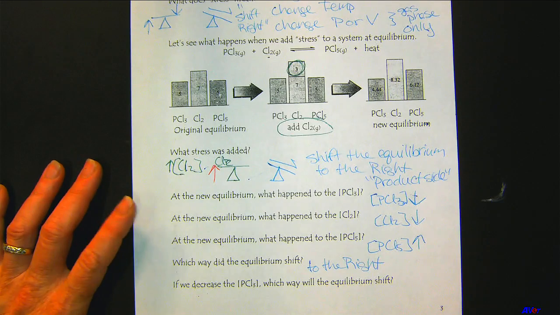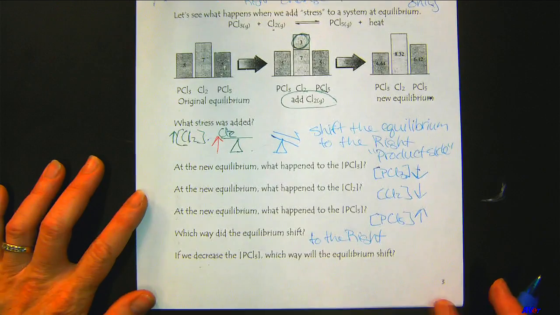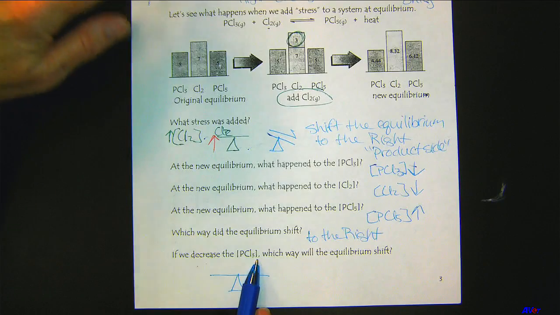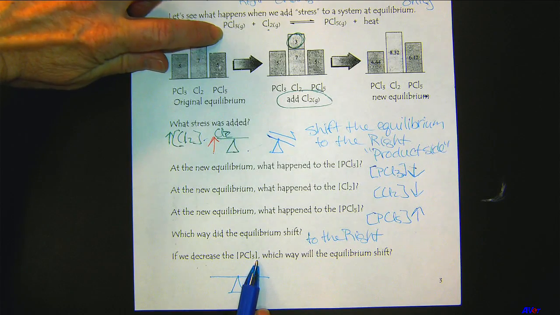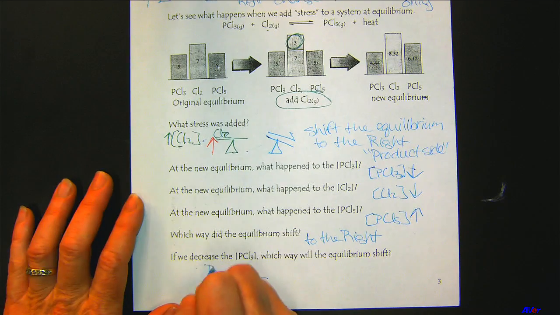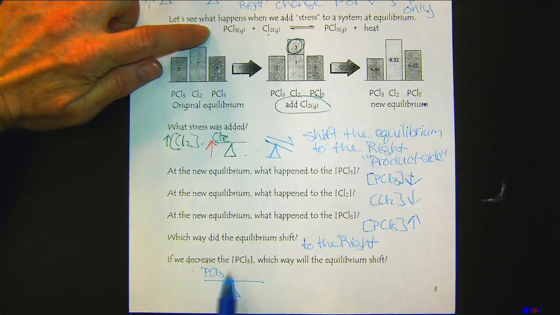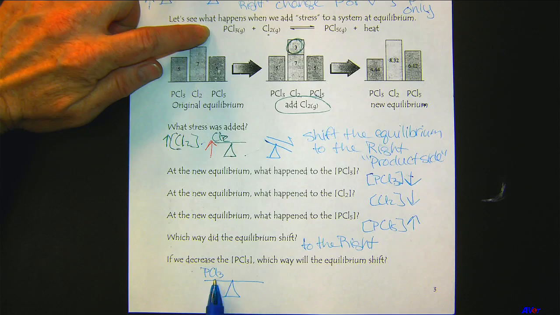Okay, so now let's try a different one. We start with our reaction at equilibrium, and now we're going to decrease the phosphorus trichloride. The phosphorus trichloride is on the reactant side. We always look to our reaction to figure out what side to put the substance in question.